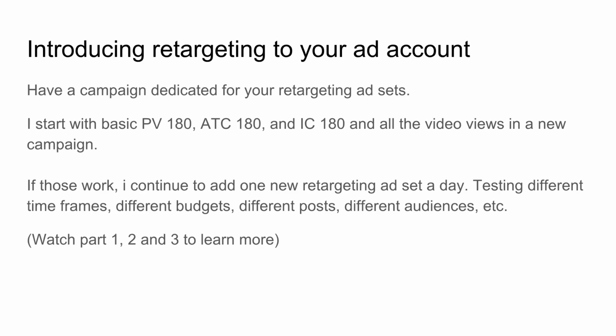And you can keep on going with the basic audiences, or you can get into some of the strategies that I talked about in part 1, 2, and 3, where you test different time frames, different budgets, which we'll talk about in a minute, which is new, different posts, different audiences, just testing one new thing a day just to keep your mind flowing with new ideas, and also keep having new results coming in, so that when you make a new retargeting audience, you can see what's working and then add on to that, and eventually you'll just have a bunch of retargeting ad sets working.